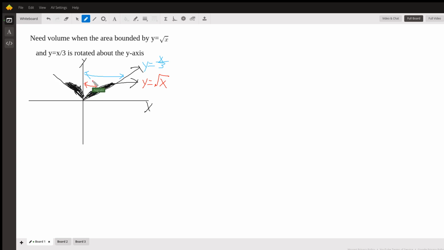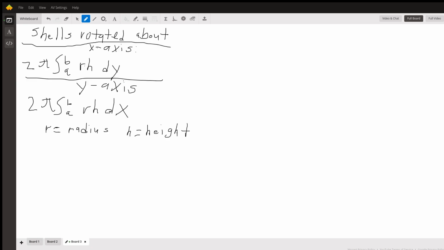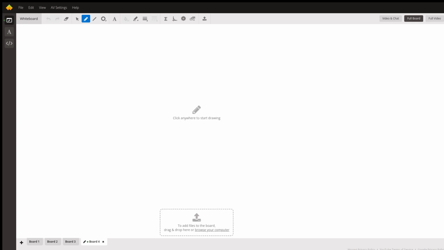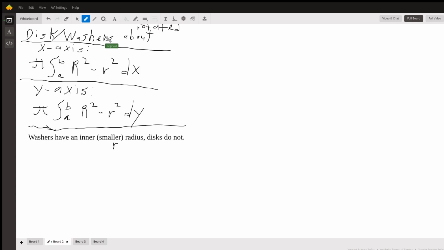This is lowercase r, and I'm going to denote this one to be capital R. So we're working with washers, washers rotated about the y-axis.